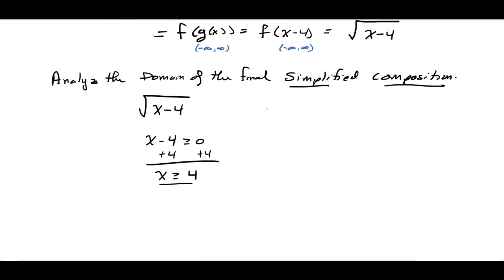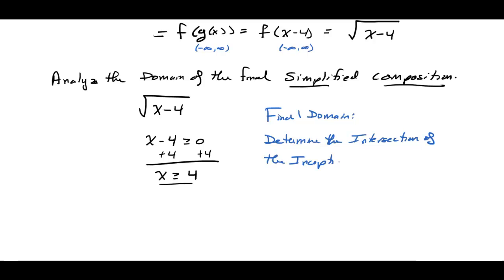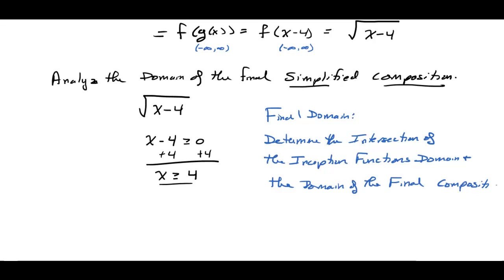So for the final domain, make a little note here: determine the intersection of the inception function's domain and the domain of the final composition. So that's what that formal definition of the domain of the composition translates into.